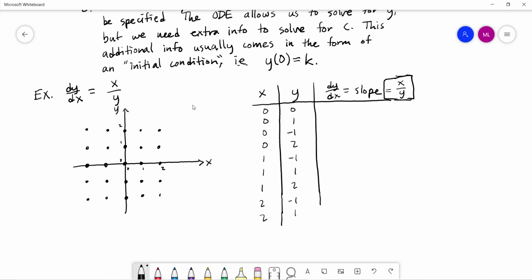So keep in mind that one thing this tells me is I can't let the y value be 0. This differential equation has something weird going on when y is equal to 0. So basically all these points along the x-axis where y is equal to 0, the slope is undefined. It's probably essentially infinite, right?